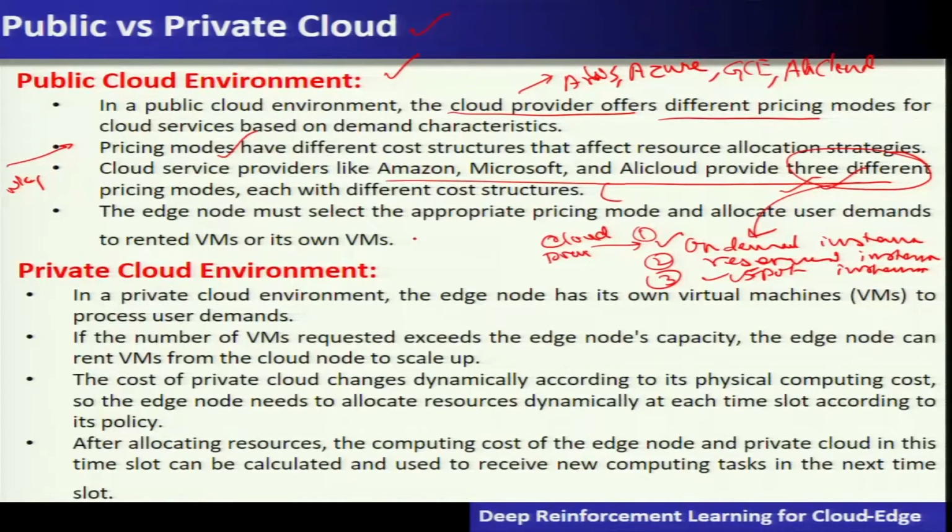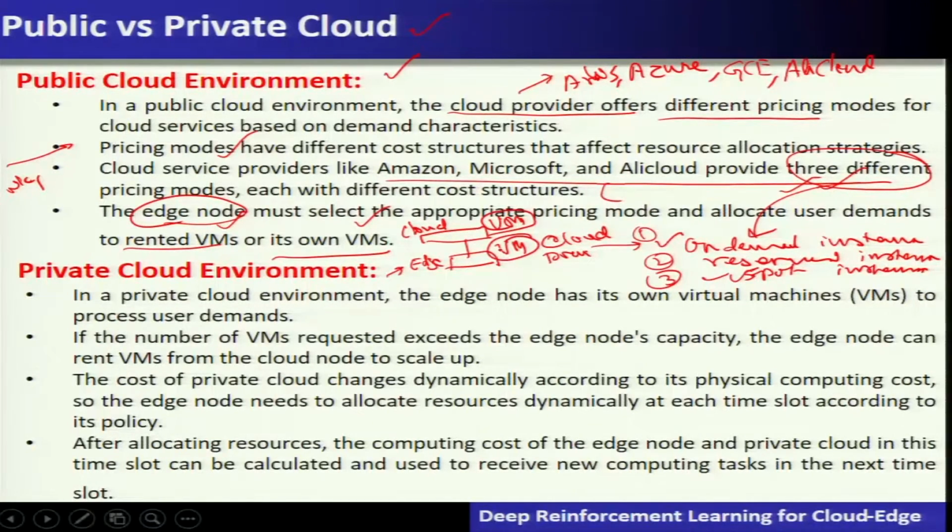As far as the edge node is concerned, the edge node has to select the appropriate pricing mode and allocate the user demand to the rented virtual machine or its own virtual machines. So here you have an edge node, then you have the cloud node, then you have a cloud. The edge node has to select whether the virtual machines will come from the edge or from the cloud.